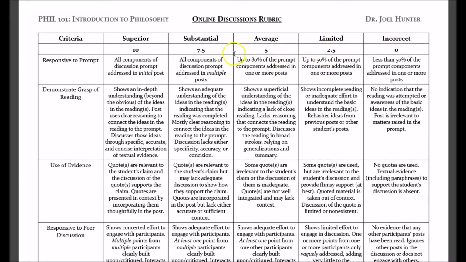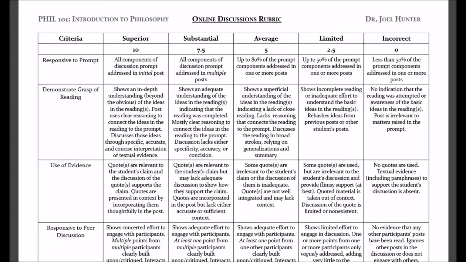But you should look at those and see how each of them drops at least one of the properties of a superior contribution, so you can understand what kinds of things you have to avoid in order to get points docked. Okay, so let's start with the responsive to prompt criterion.